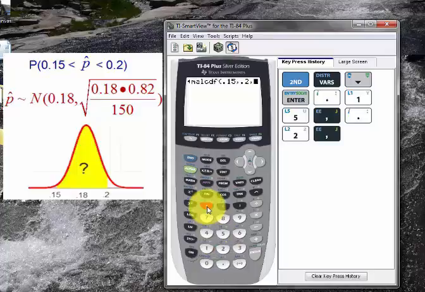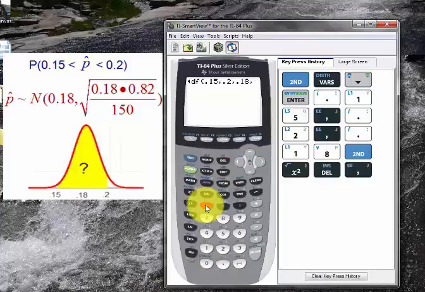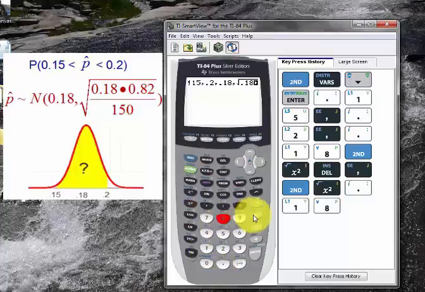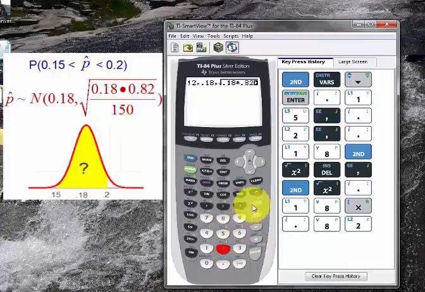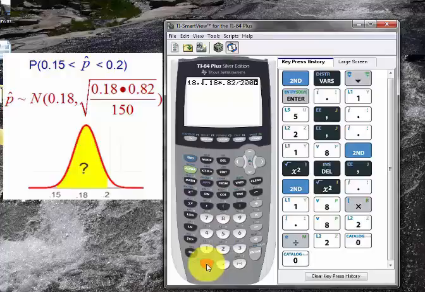Our mean was 0.18, and our standard deviation was the square root, so second square root of pq over n, so that's 0.18 times 0.82 divided by 200. And I hit enter. And there we have it.